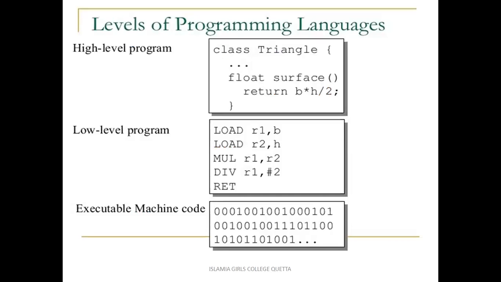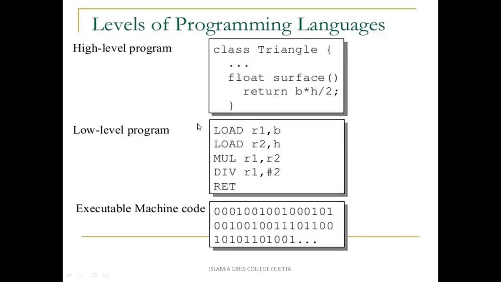Now, this is an example. Here you can see the code which is written in the high level program. You can see words like class, triangle, float, surface, and you can also see the mathematical symbols used in this code. And this is the code which is written in the assembly language, and this is the executable machine code.